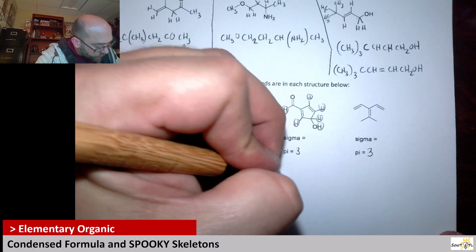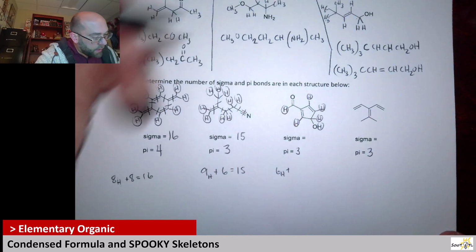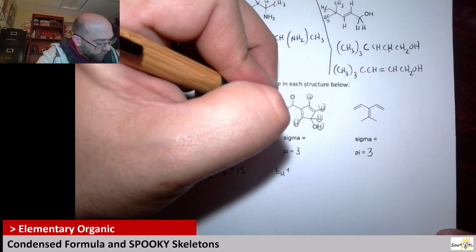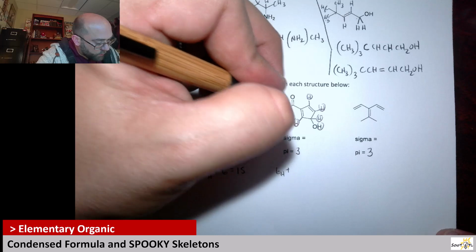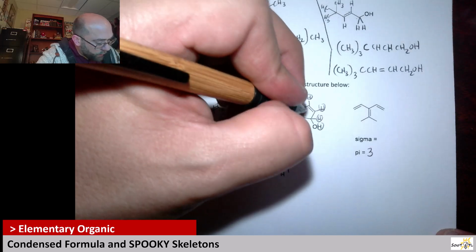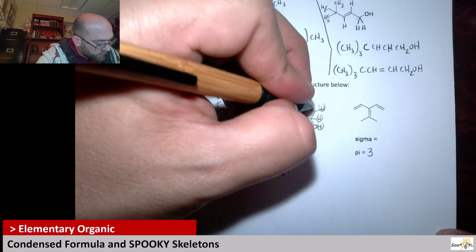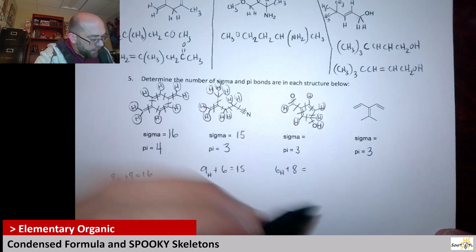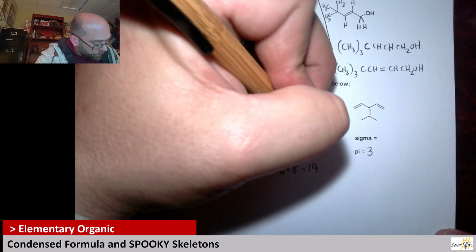So I have 6 due to hydrogens. And then now I count up just the bonds that were originally shown. I've already counted this one right there. So I'm going to say 1, 2, 3, 4, 5, 6, 7, 8. So I should have 8 plus 6, or 14.